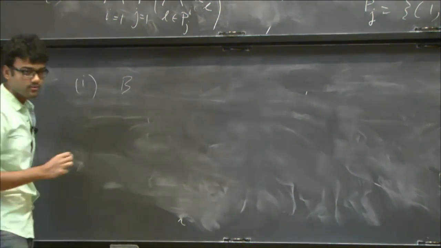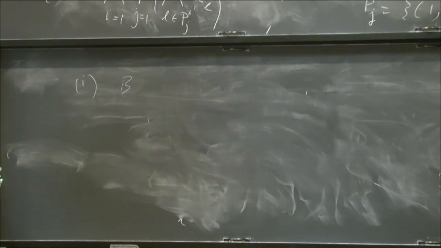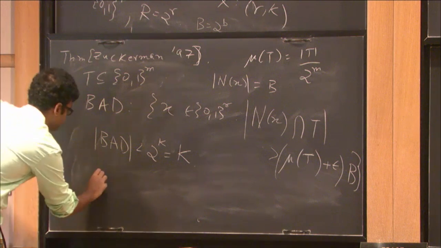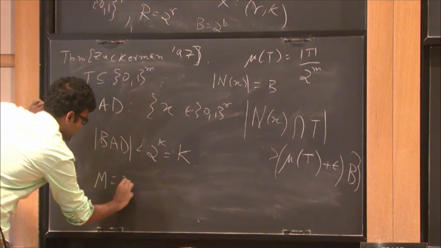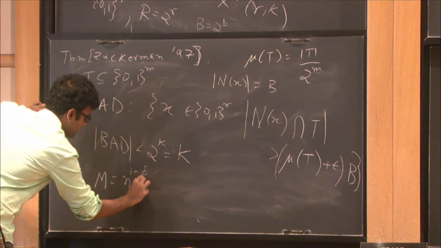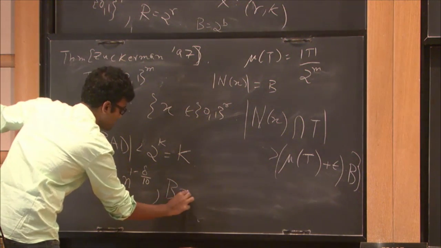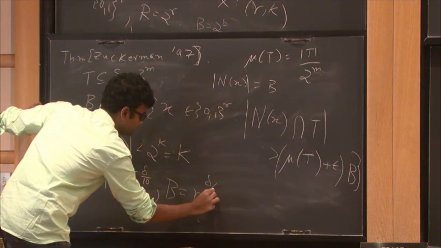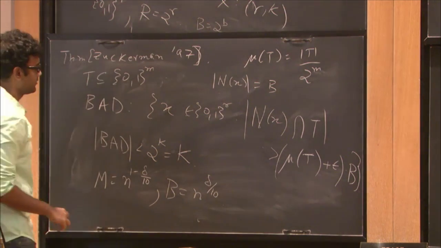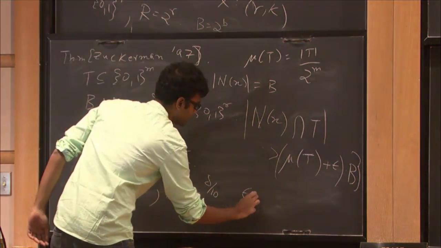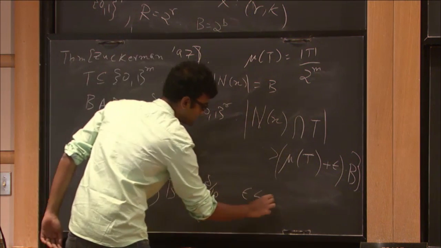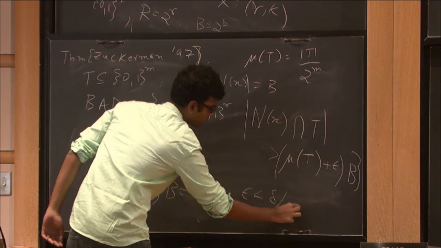So you didn't pick the size b yet. So b will be n. You want to say that b is about n to the delta. Yeah. This parameter. Right. So think of m as n power 1 minus, say, delta by 10, and the error of the extractor is anything less than delta over 4.